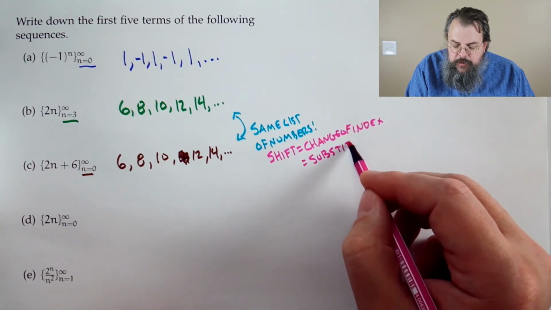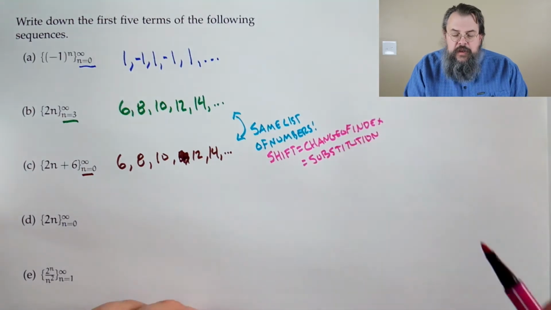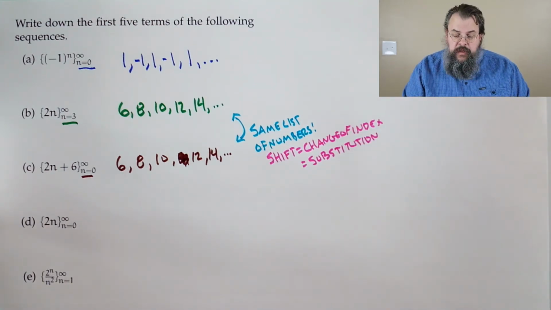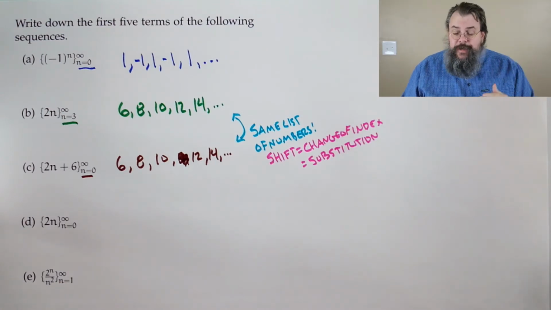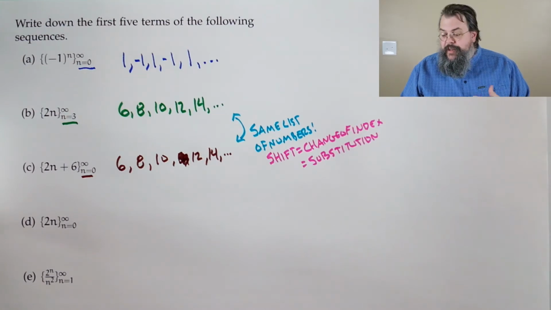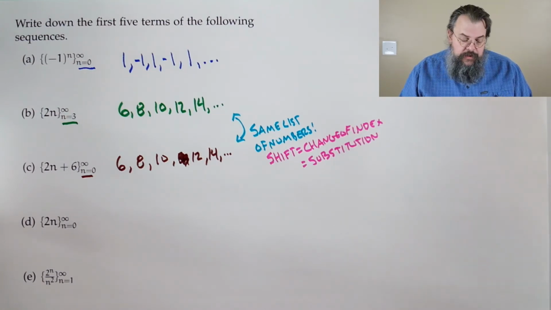In other words, we're just shifting things around, it's really substituting one index for another index. So we'll see this type of idea later on as we get into not just looking at sequences, but starting to add things up. In other words, sums.